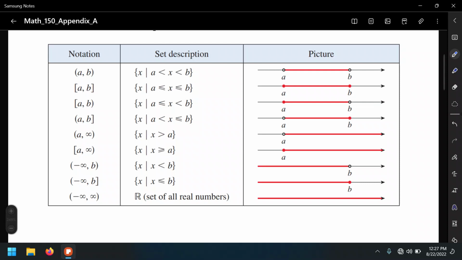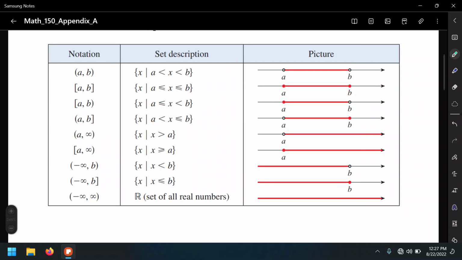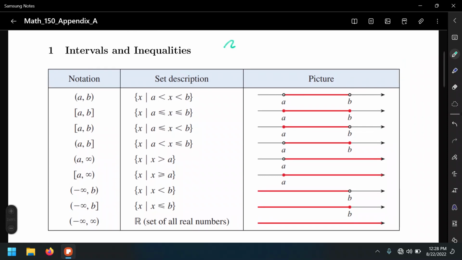And for example, in this case, make a distinction of what parentheses are versus brackets when we describe a set of numbers. For example, when I have the set 3 to 5. What does that set describe? Anyone? 3 to 5.